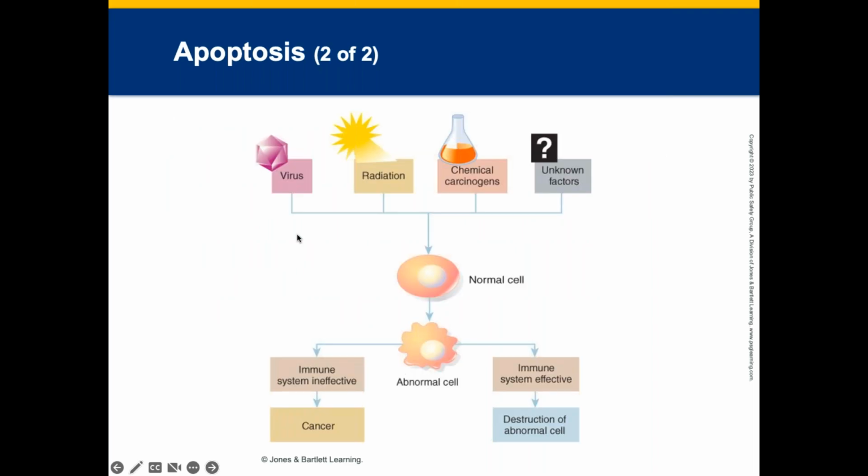Moving forward, as you can see here, the cell and abnormal cell. Here you can see that you have immune system ineffective here, destructive of normal cells. Also going down to the immune system ineffective going into cancer. This kind of shows the process of cancerous cells developing. So you have a normal cell here, they develop into an abnormal cell, which then turns into a cancerous type cell, whether it be malignant or not.